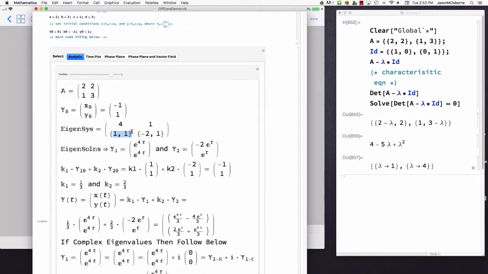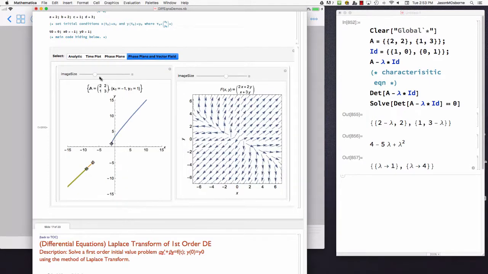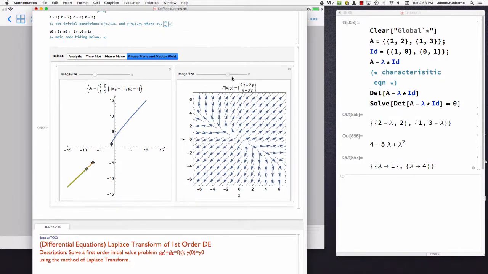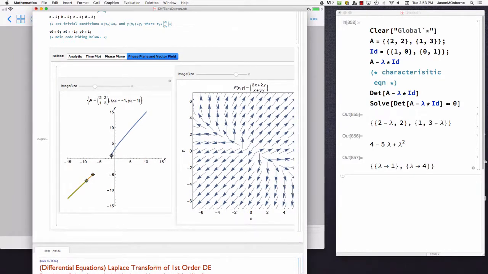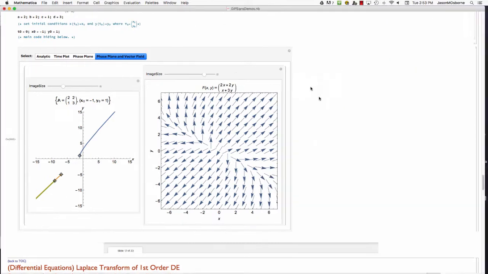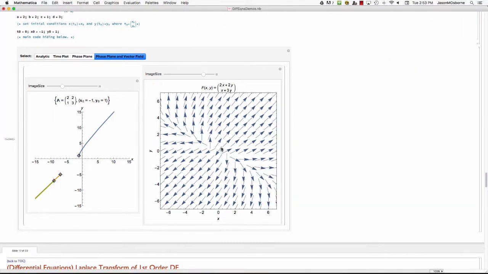The eigenvectors are 1, 1, and the other eigenvector is negative 2, 1. So if you're looking in the phase plane, you can see your two straight line solutions, 1, 1, and negative 2, 1. They're your straight lines.